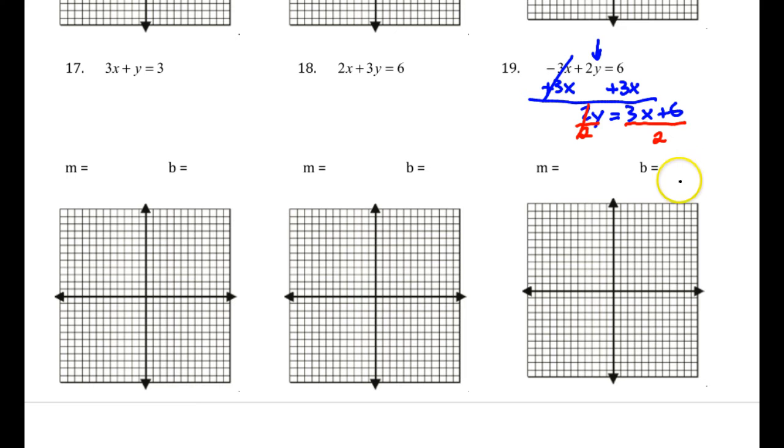And now we have y equals 3 over 2. Remember, divide both of them. 3 over 2x, and then 6 over 2, which is 3. Our final answer is y equals 3 over 2x plus 3.